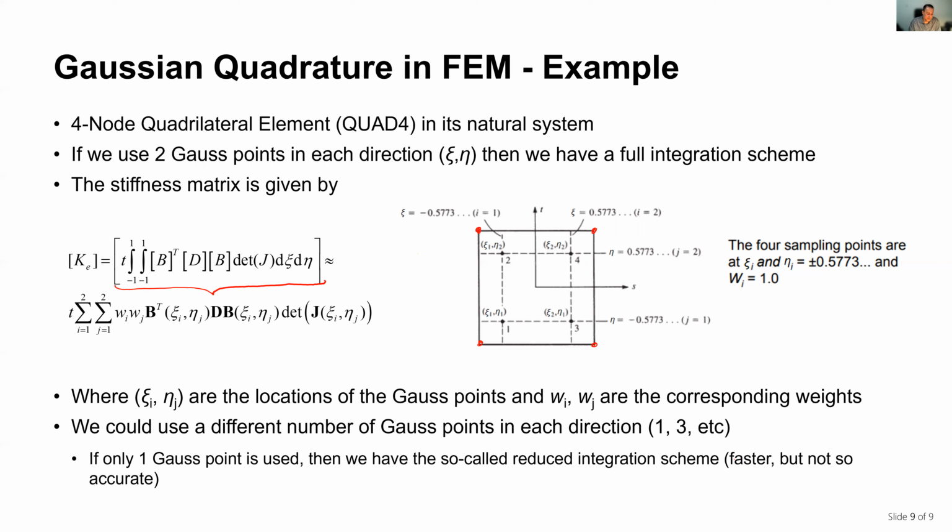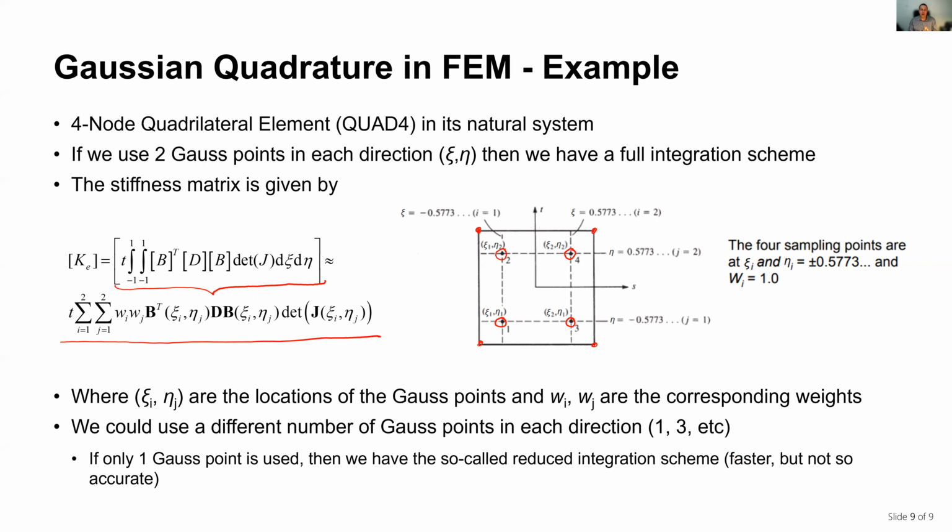So this is the integral. It needs to be calculated. It is not so easy, but we can easily apply the Gaussian Quadrature rule, and we can convert this integral to this sum, which in the case of 2 points per direction needs only to be calculated at the 4 points here. 1, 2, 3, 4.